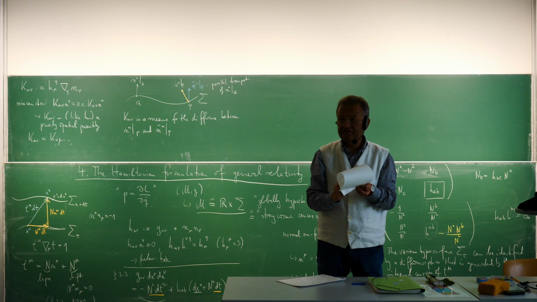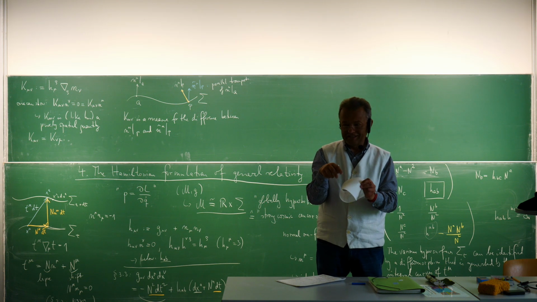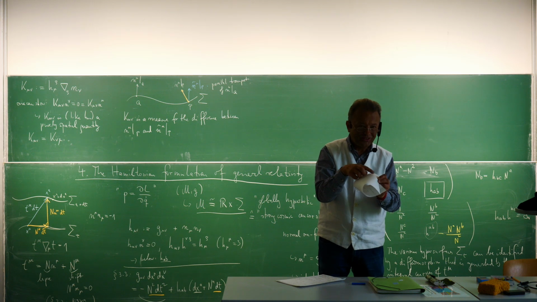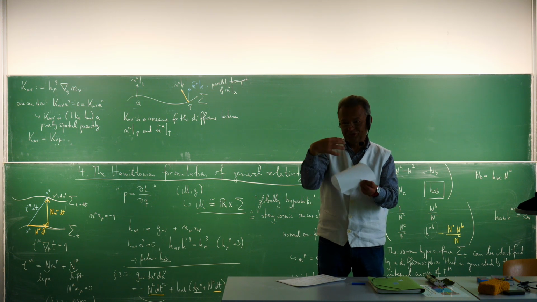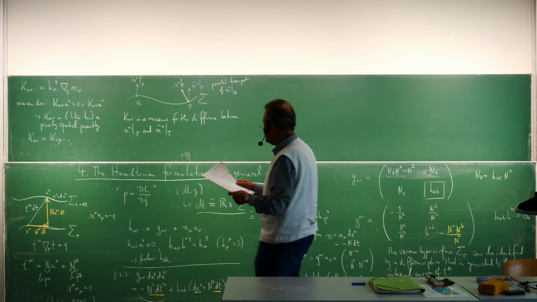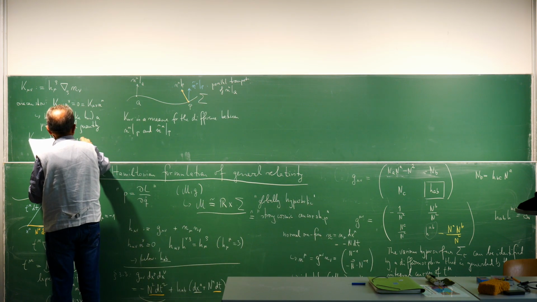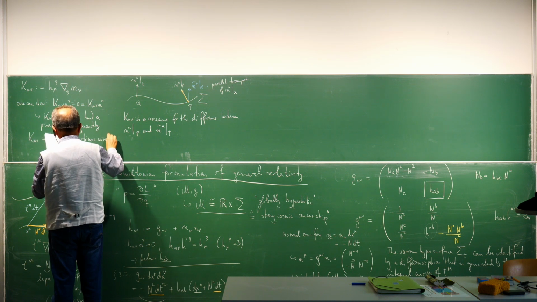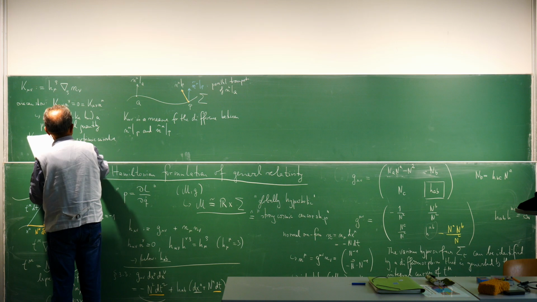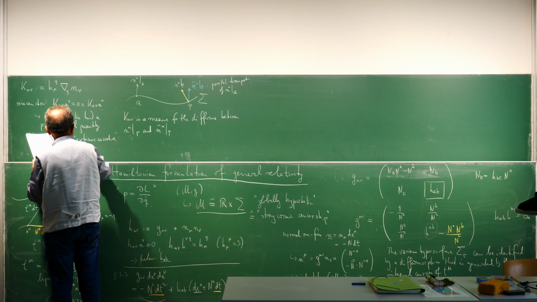So this is the so-called extrinsic geometry, because it's not what the little ants that are here measure on the three-surface, but what you see from the outside. And so K_μν is called extrinsic curvature, or for historical reasons also second fundamental form.